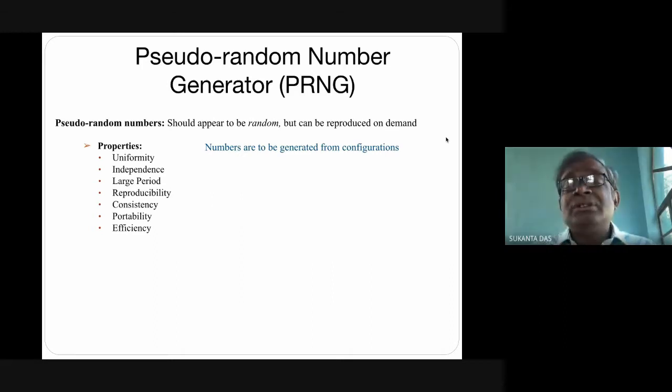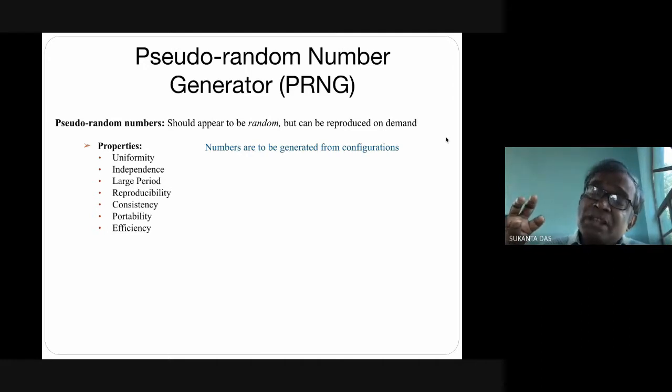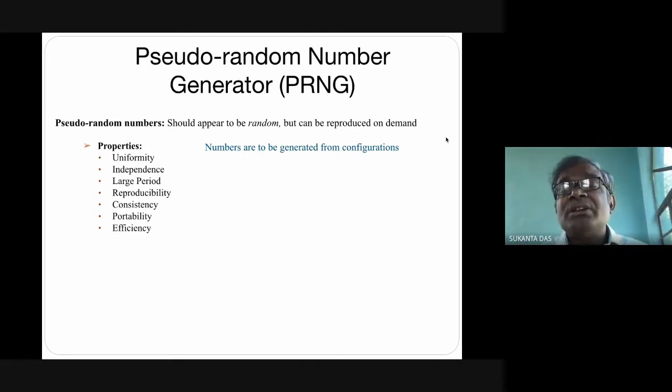In other words, the automaton generates configurations, and if we apply some mapping which maps a configuration to a number, then the automaton can generate numbers. If those numbers appear random to us, then we can claim that automata can generate pseudo-random numbers.